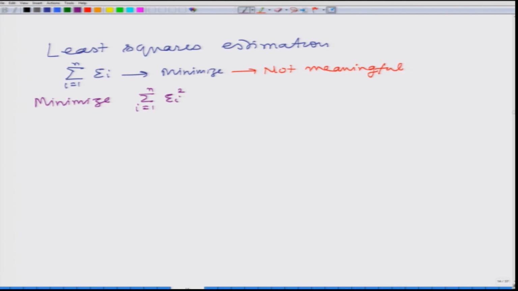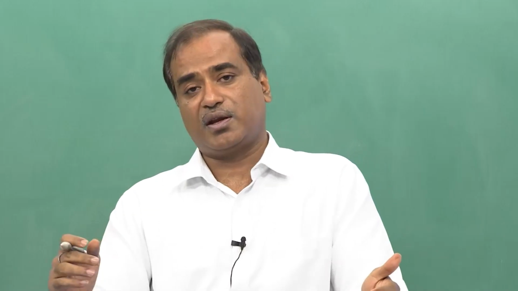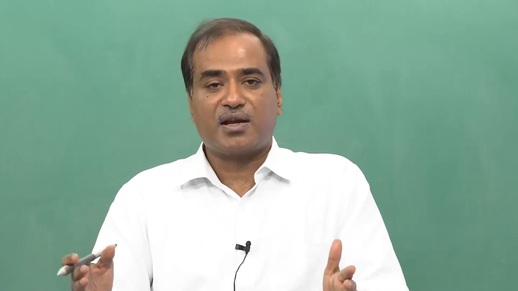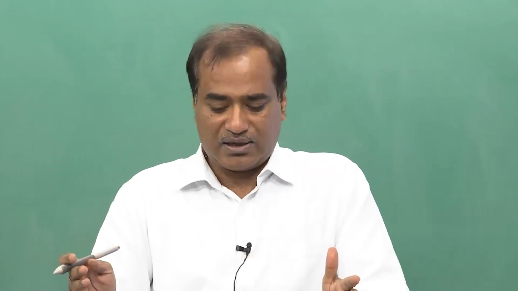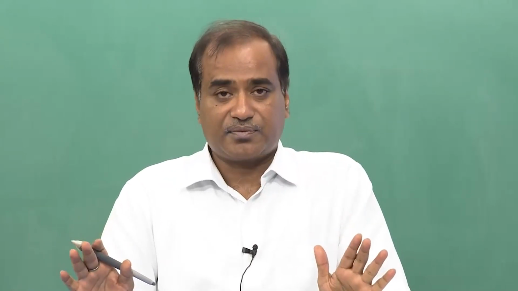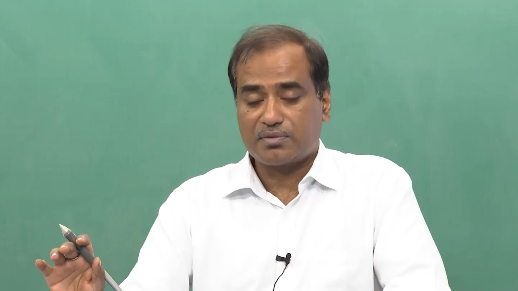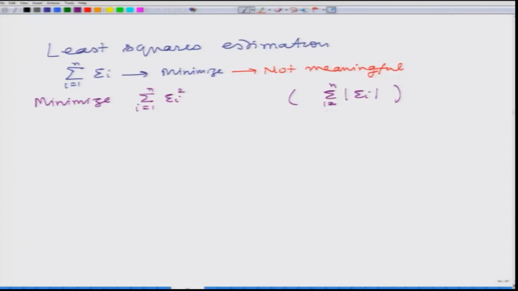Well, at this stage someone can ask that once I am trying to convert my negative random errors into positive random errors, then another option is that I can take the absolute value of epsilon. Yes, you can also minimize the sum of absolute errors, that is, i goes from 1 to n, summation of absolute epsilon i.